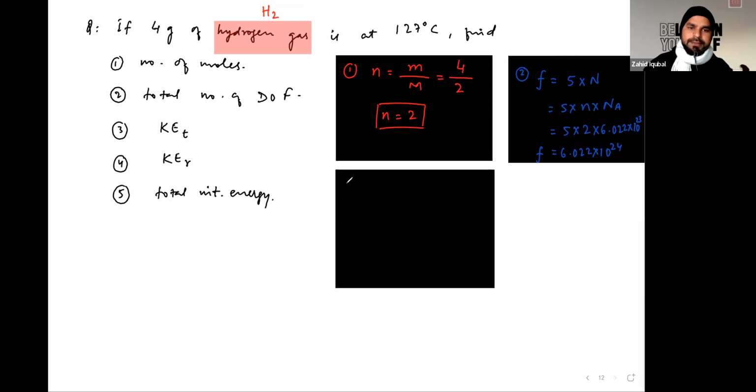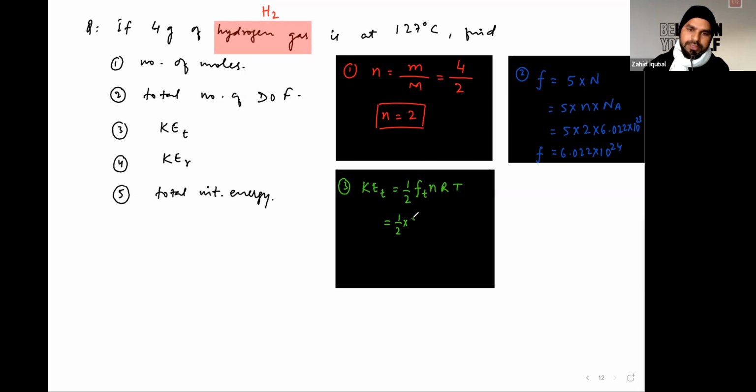In the third part, we have to calculate the kinetic energy due to translational motion. In a hydrogen molecule, it will have 3 translational degrees of freedom and 2 rotational degrees of freedom. So according to the formula of internal energy, we may divide it as half times the number of degrees of freedom along its translational part multiplied by number of moles into R into T. If you simplify it, you'll get half times 3, the translational degrees of freedom.